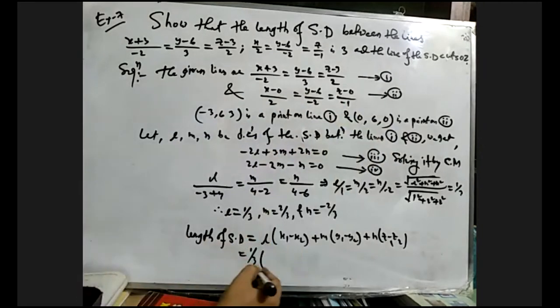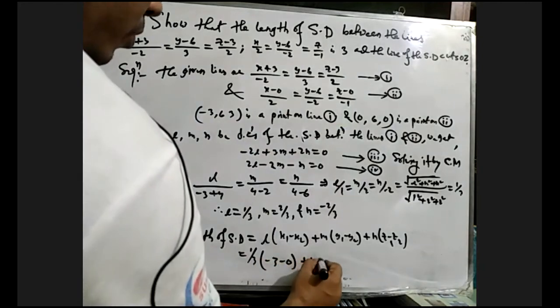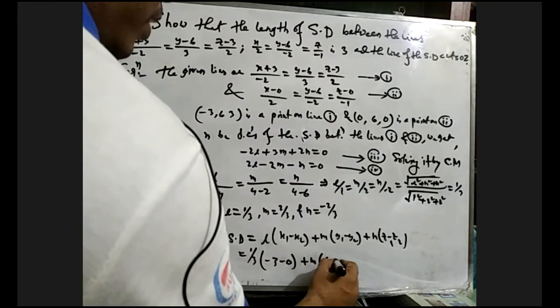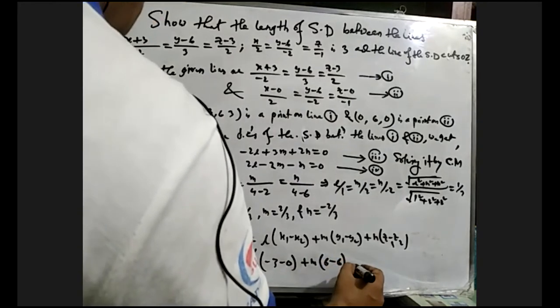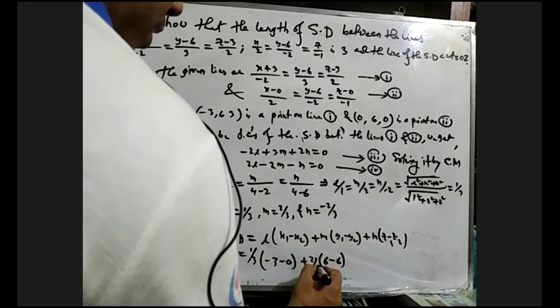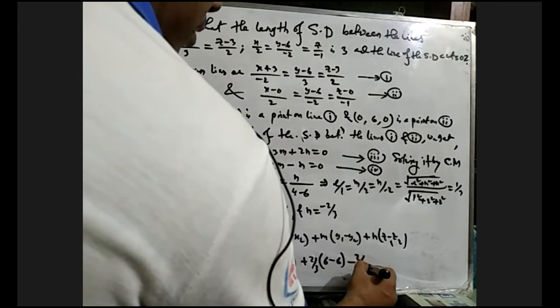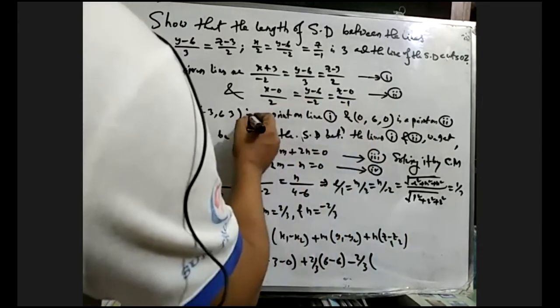Just putting these values here: minus 3 minus 0, 6 minus 6, M will be 2 by 3, N will be minus 2 by 3, and z1 minus z2 means 3 minus 0.